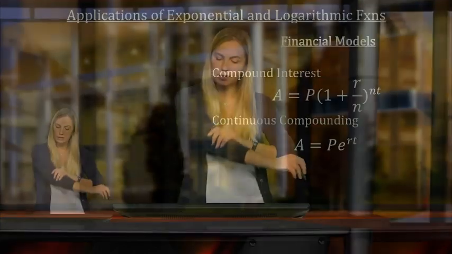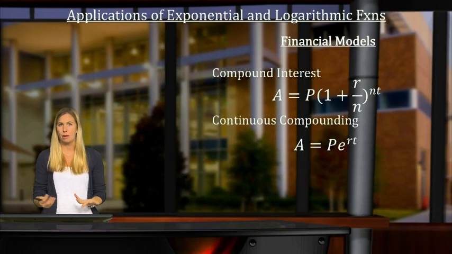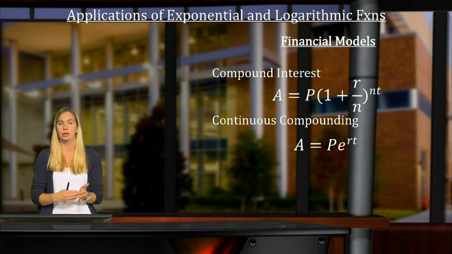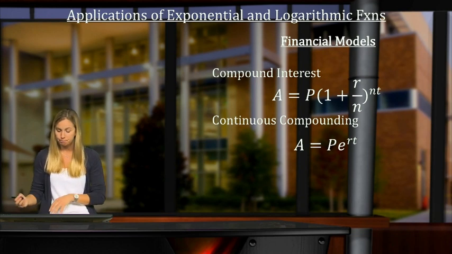So that's how we start seeing this huge increase in our credit card bill when we don't make any payments on it. So that's our compound interest, and continuous compound is the same type of problem. It's just instead of being compounded a fixed number of times per year, it's always compounding.